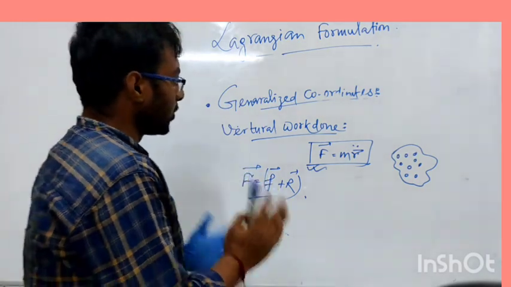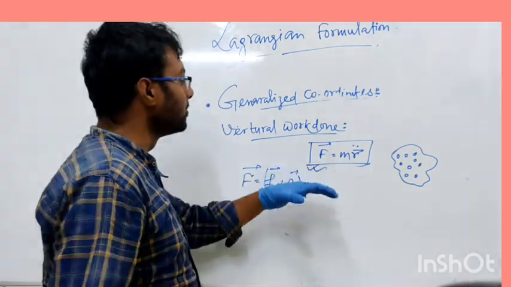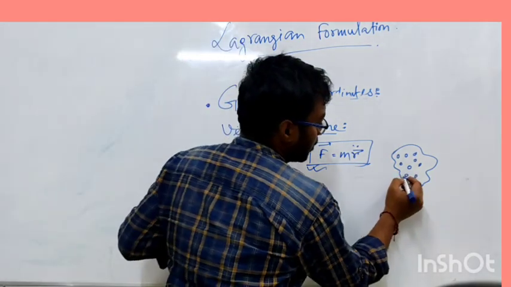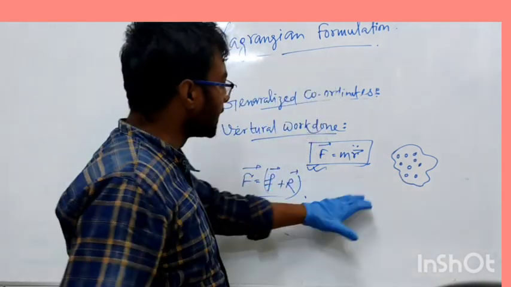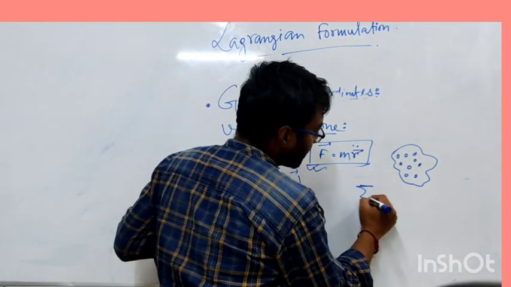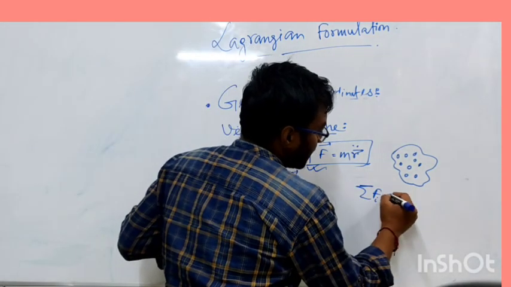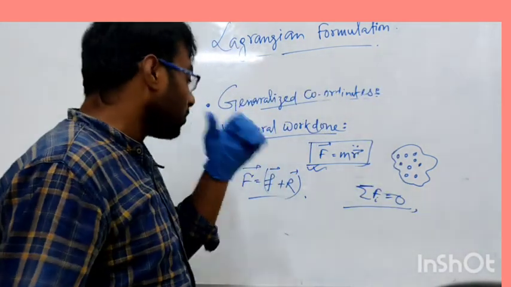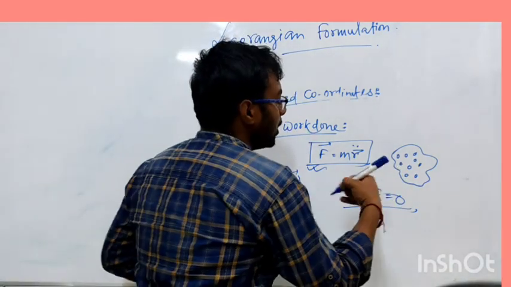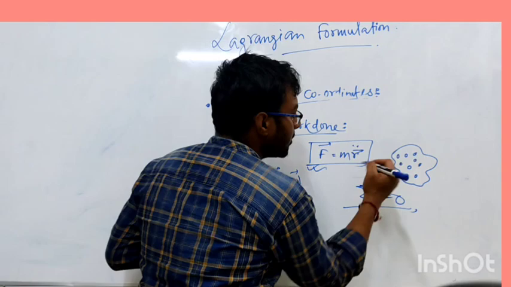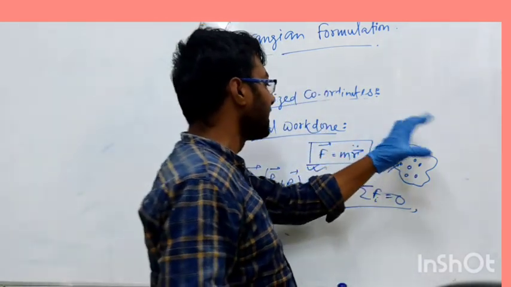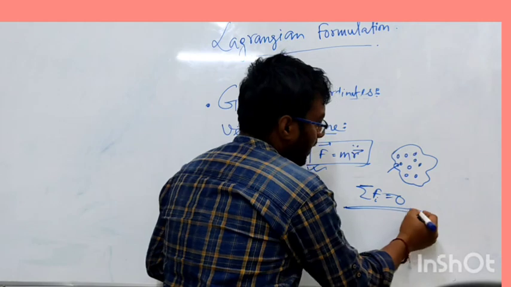If we consider the equilibrium condition of that system, especially the mechanical equilibrium condition, we know that the summation over Fi equals 0. So we have to make sure that the force acting on each constituent particle of this matter is equal to 0 at a particular time.